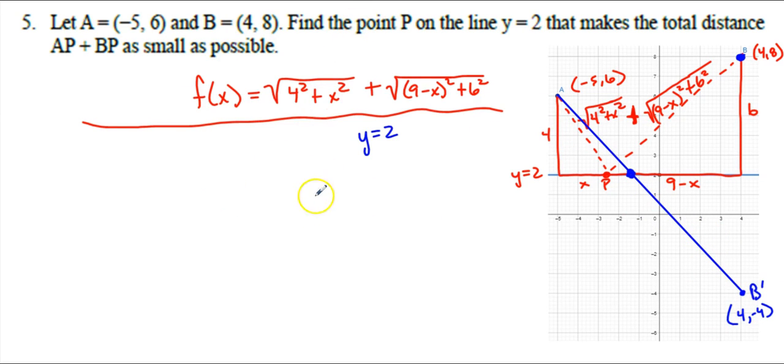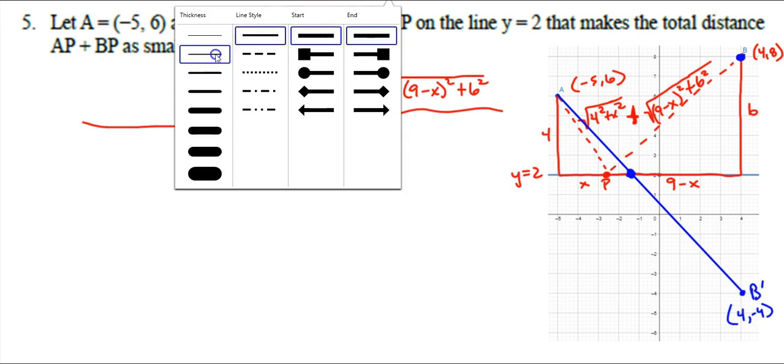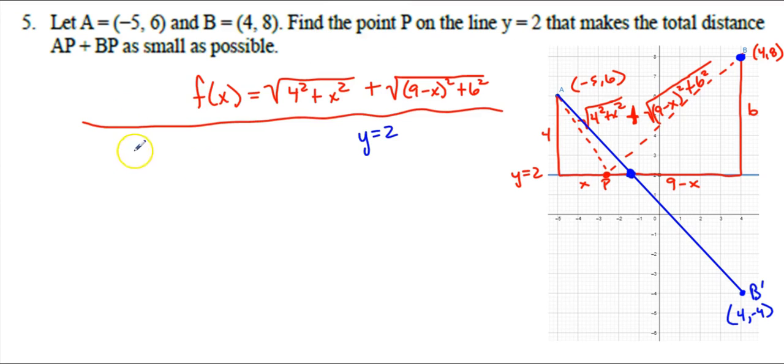Okay, so the next thing we need to do is find the slope of the line from A to B prime. B prime goes from -4 to 6, so that's -4 minus 6, the rise of A to B prime. That's -10. And the run is from 4 back to -5, so 4 minus -5 gives me a positive 9.